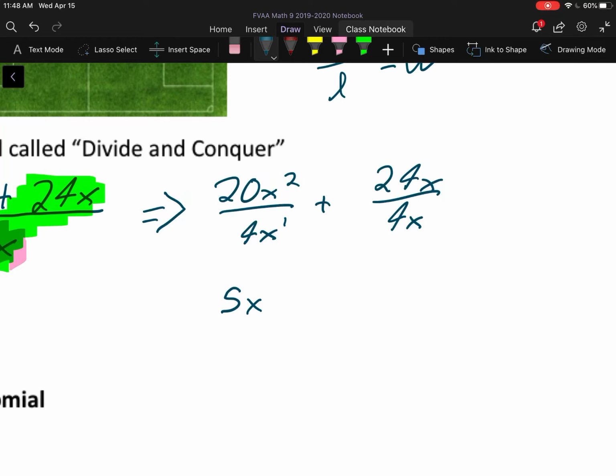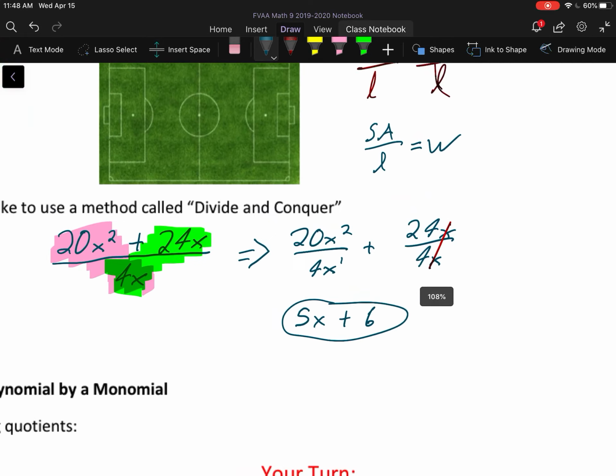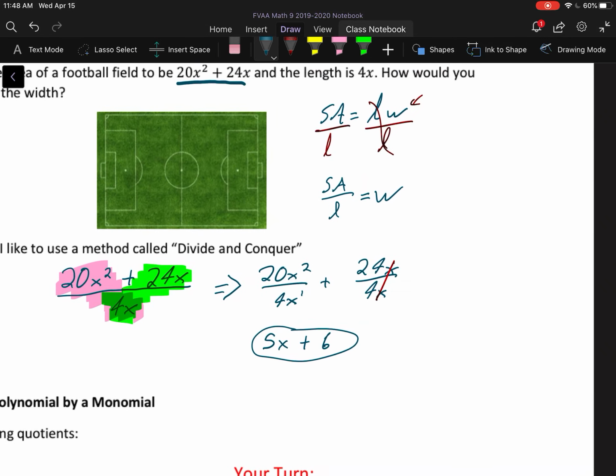Then plus 24 divided by 4 is 6, and here the x's cancel out. I get my final answer of 5x plus 6, and that would be the answer for this question.